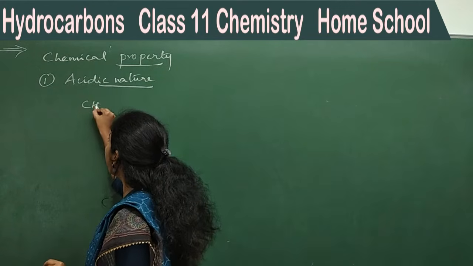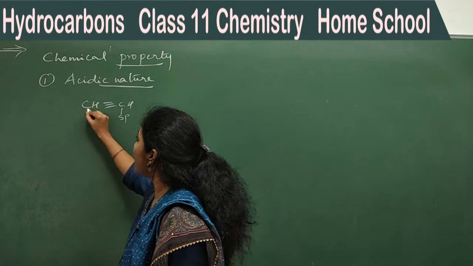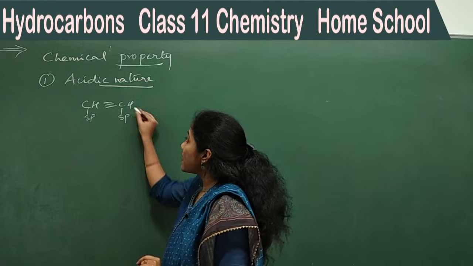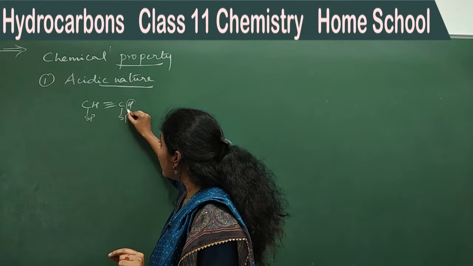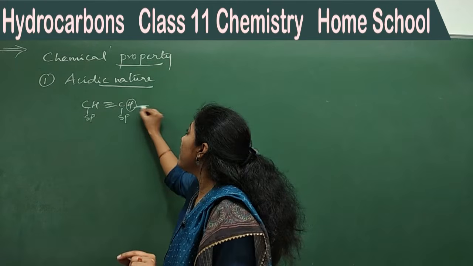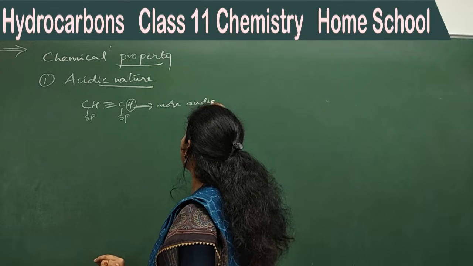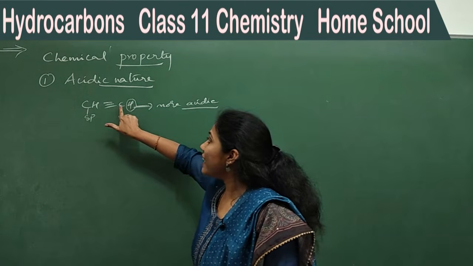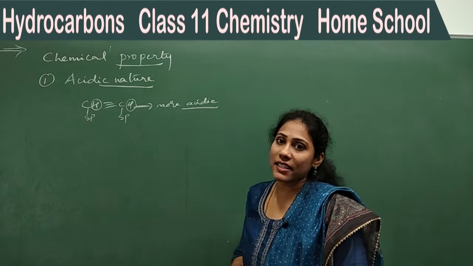If I take CH triple bond CH, these carbons have sp hybridization, like I have already discussed. Sp hybridized carbons are more electronegative, we know, and the hydrogens attached to sp hybridized carbon are always more acidic. Remember, not all hydrogens, only the hydrogens directly attached to sp hybridized carbons are more acidic.